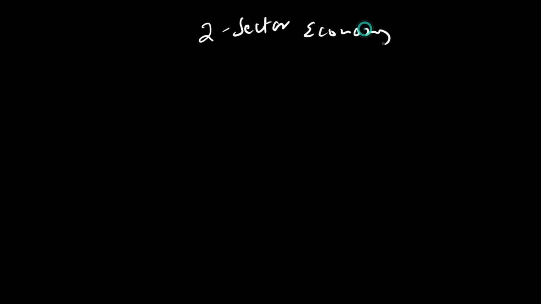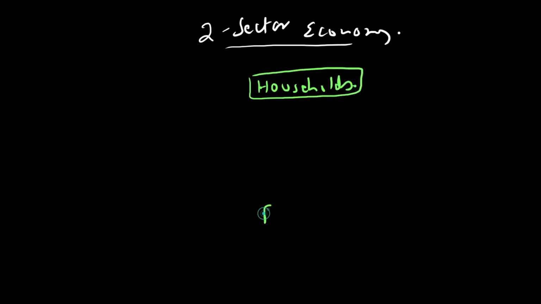As I told you earlier, 2 sector economies are the type of economies that include only 2 economic agents. One is households, and the other one is firms or businesses. So circular flow of income takes place between these 2 economic actors.